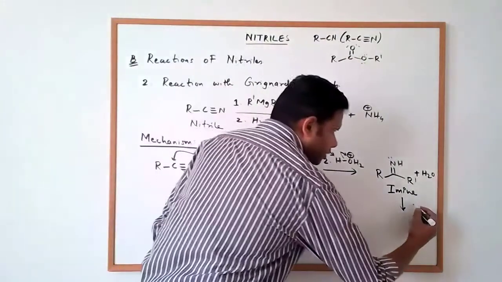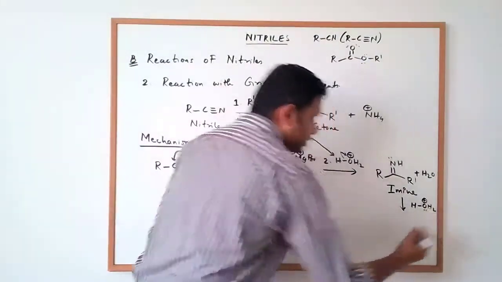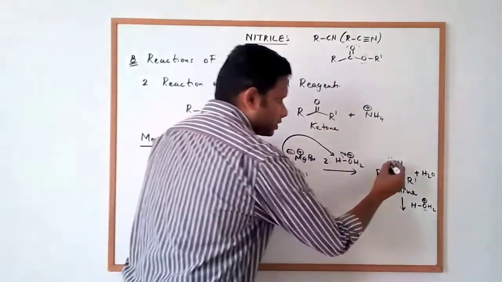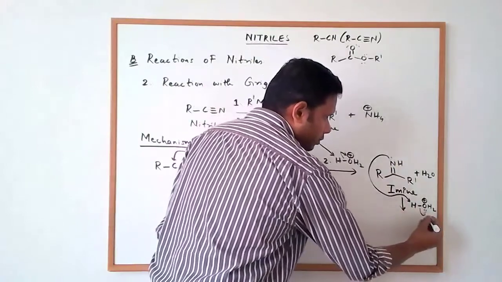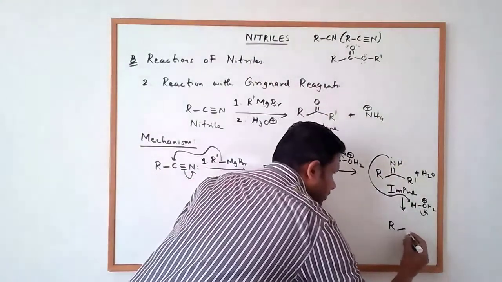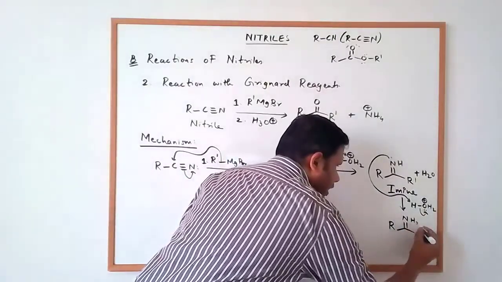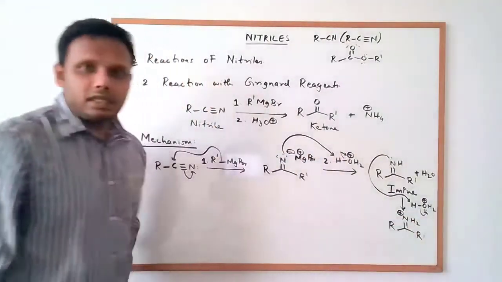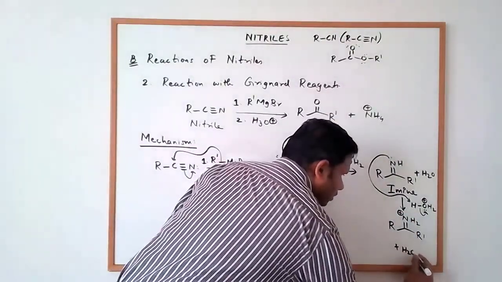And since we are under acidic conditions, there is enough acid present. The imine nitrogen here can get protonated again, and it would give us the protonated iminium ion, plus water.